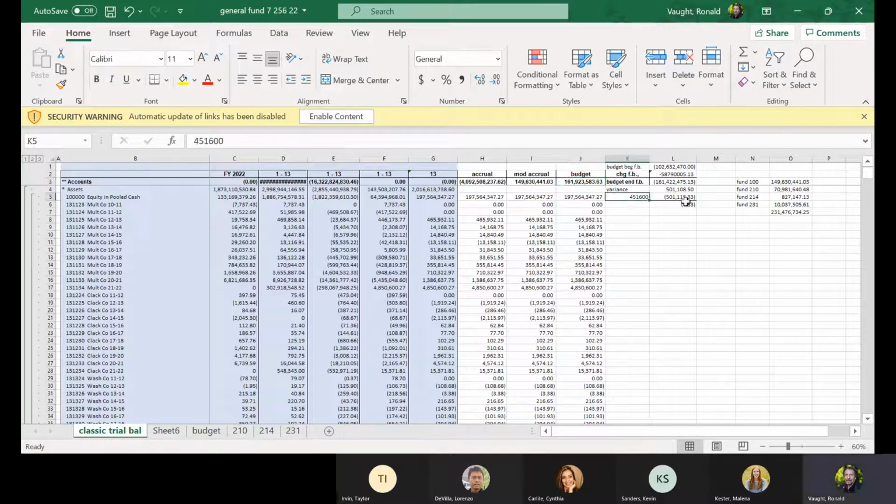We'll switch over to schedule 107 here in a minute, but there's a couple ways I found to solve the problem, and one of them would be to assign a budgetary group code to account 451-600, which would change this number by 500,000, and we'd end up with a $7 variance, which is about what the general fund's been off for years, just from rounding errors.